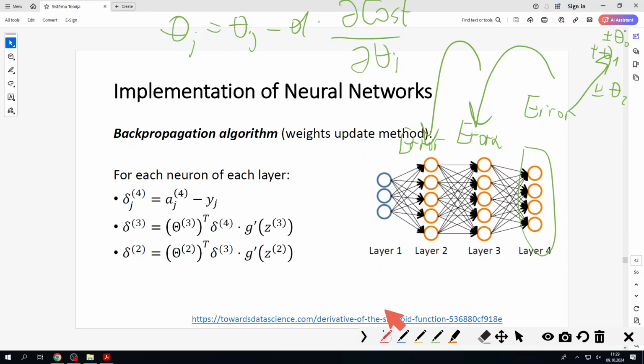So in a sense now, instead of that, we put our delta, yes?